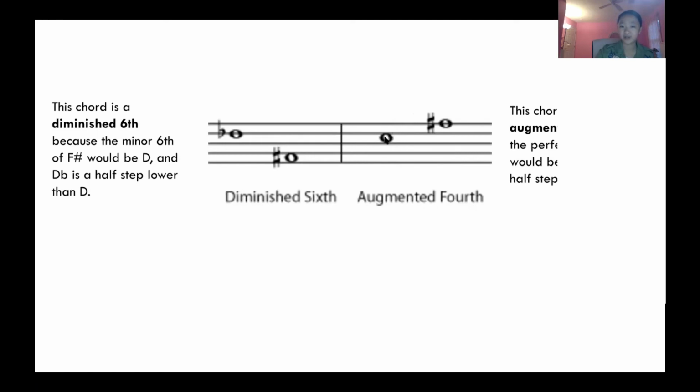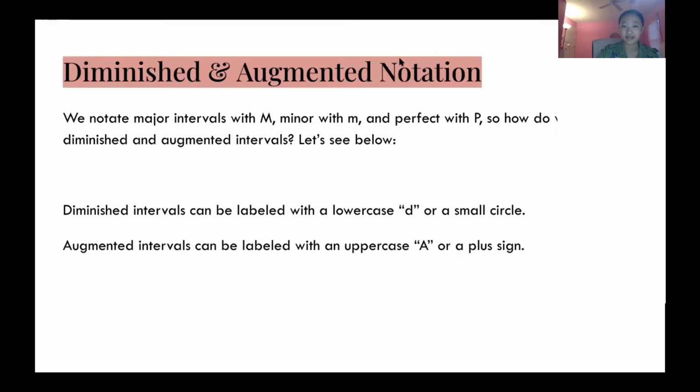But if we look at it closer, let's think of it in the key of C. F sharp is not in the key of C, and the note that we have, F sharp, is a half step above F. And since that's a half step above F, it would be augmented. Does that make sense? Yes? Okay, good. This is a much more difficult concept, and I'm glad you guys are getting it. I think we have a lot of practice on this for both class and homework.